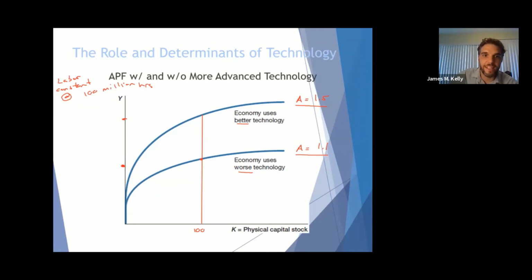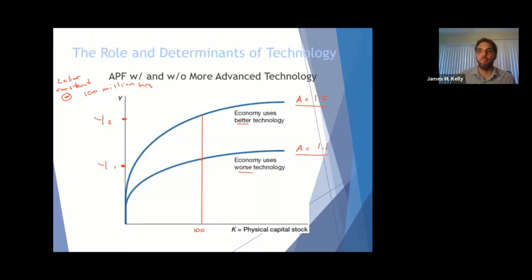The only thing that's changed is technology. Technology has become more efficient. So in that case, real GDP is going to be greater, but we're still using the same number of inputs. The importance of this is that we don't have to use additional resources to produce more stuff.